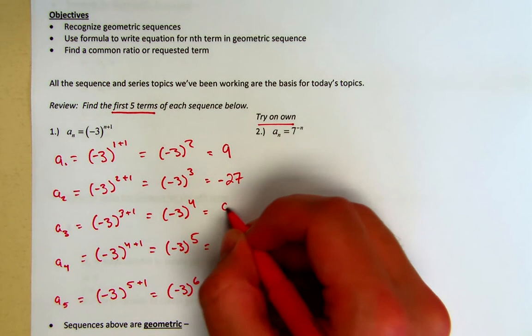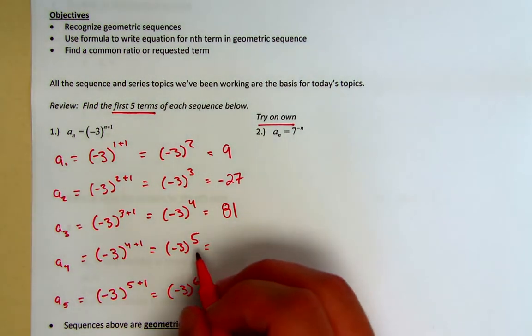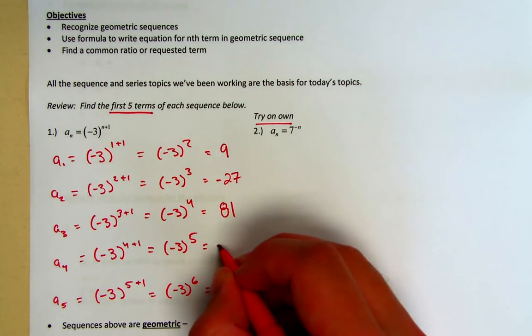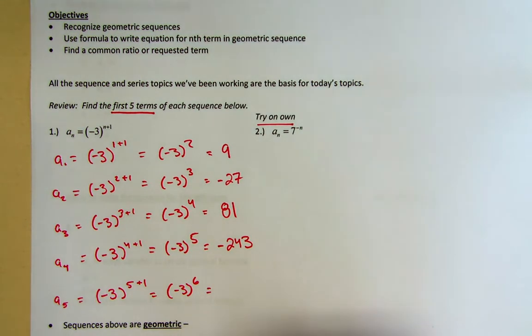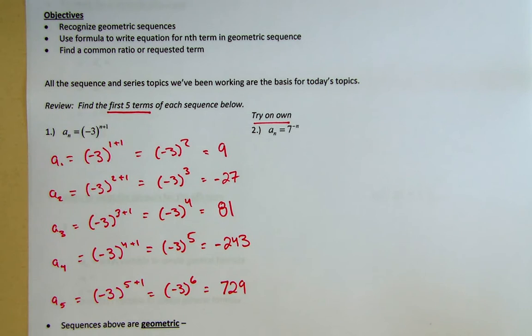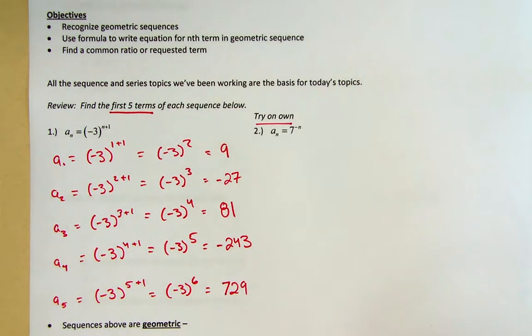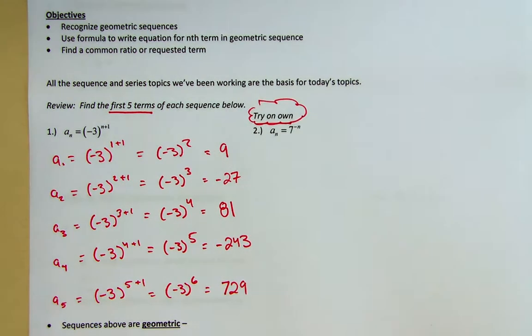We're going to take that to the power and get 81. Negative 3 to the 5th power is going to be negative 243. Negative 3 to the 6th power will be positive 729. Alright, found those terms. You want to list those out. Again, make sure you try this one on your own.